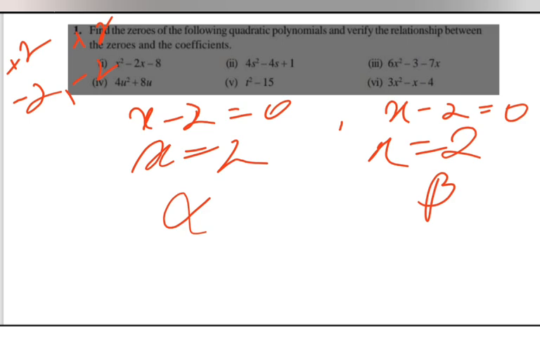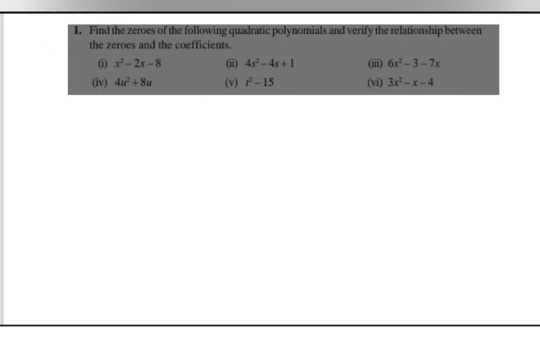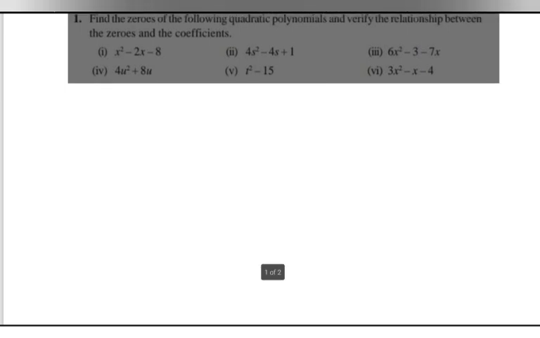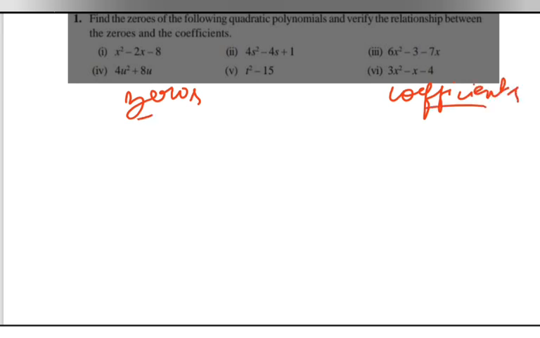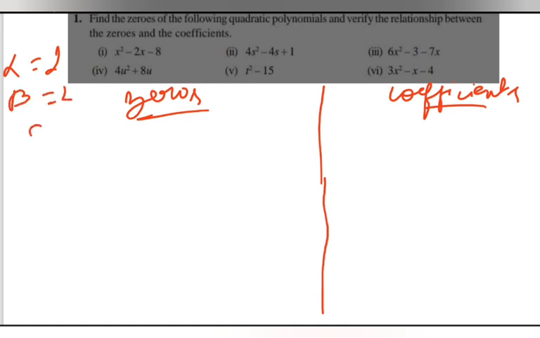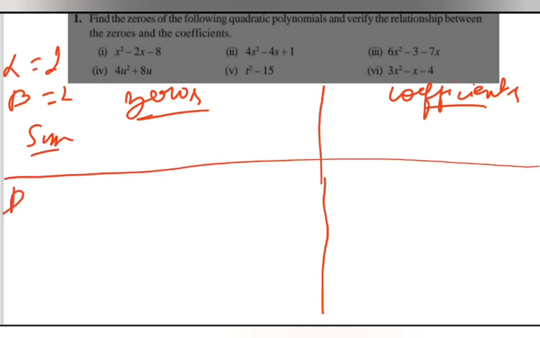So next will be verification of zeros and coefficients. We got alpha as 2 and beta as 2. First we should find the sum and then the product to verify.